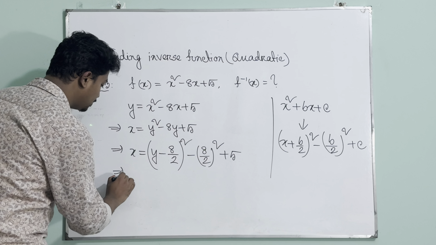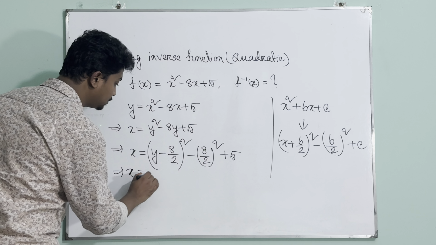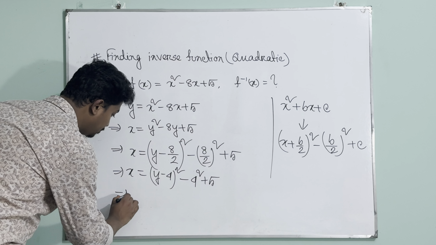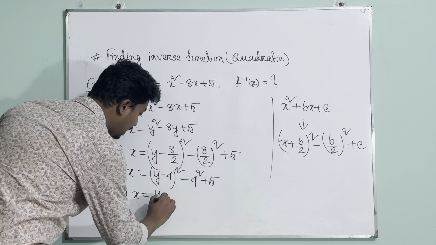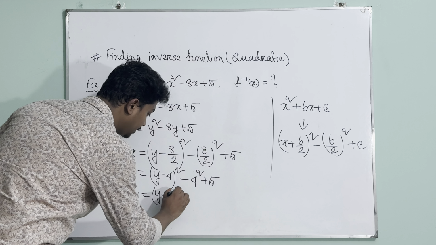Okay, now let's move on. x equals y minus 4, whole squared, minus 4 squared, plus 5. So x equals y minus 4, whole squared, minus 16 plus 5, which is minus 11, right? Okay, now when we are done with this part, we can easily convert it to the inverse function.